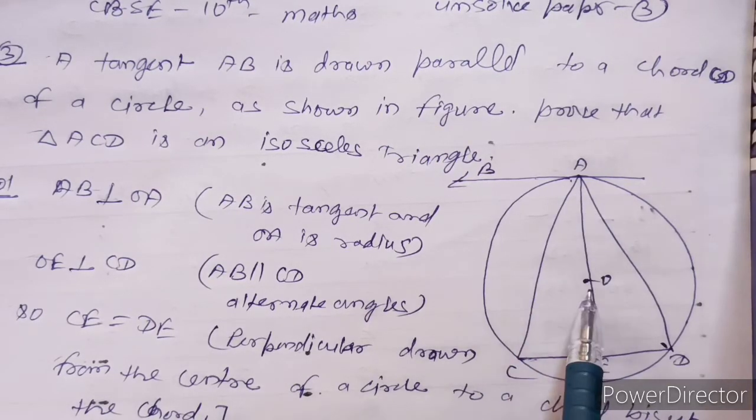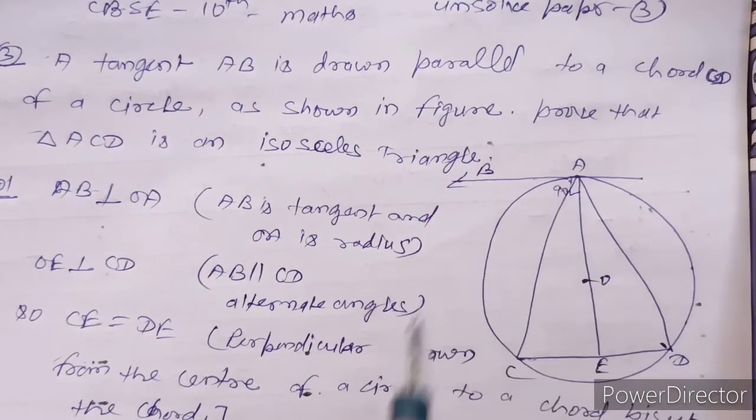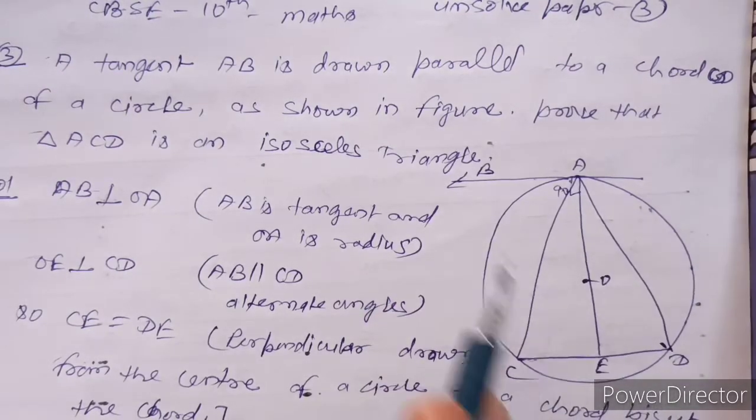We know that the tangent is perpendicular to the radius, so that is an angle of 90 degrees, and here also 90 degrees because these lines are parallel to each other.